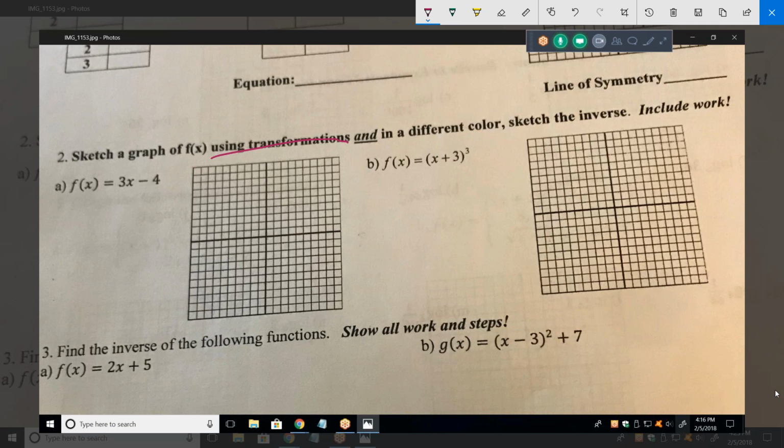X plus 3 cubed. No, it's x cubed. Okay. Y equals x cubed. If I were going to graph y equals x cubed, it looks something like that. How is this different? In other words, looking at transformations, how is x plus 3 cubed different than x cubed?